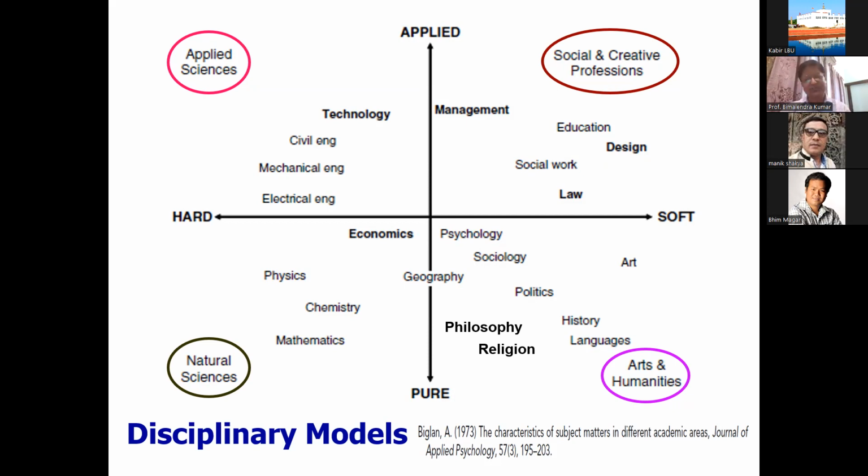These are four subjects related with the discipline of Buddhist studies. So we are going to focus on arts and humanities, and how pure research and applied research are conducted in our discipline, Buddhist studies.